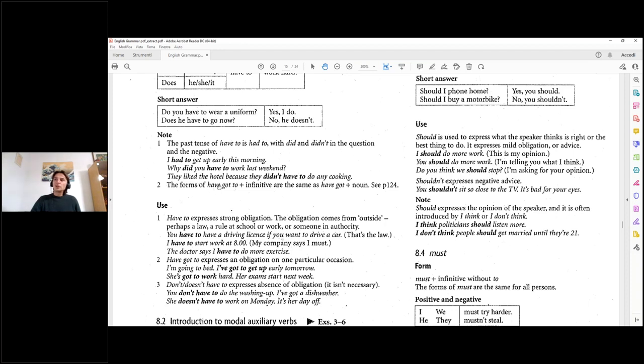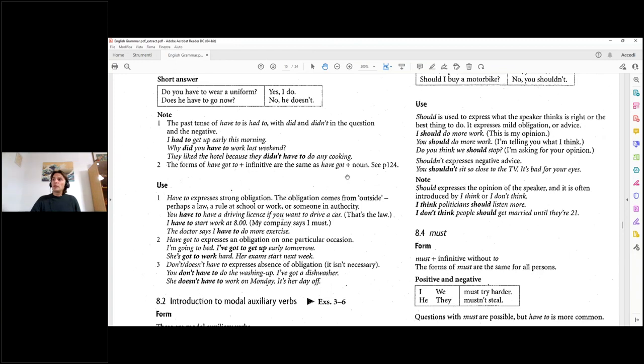They liked the hotel because they didn't have to do any cooking. Quindi loro gradirono soggiornare in albergo perché non dovevano occuparsi del cucinare. Non dovevano cucinare in pratica. The form of have got to plus infinitive is the same as have got plus noun.